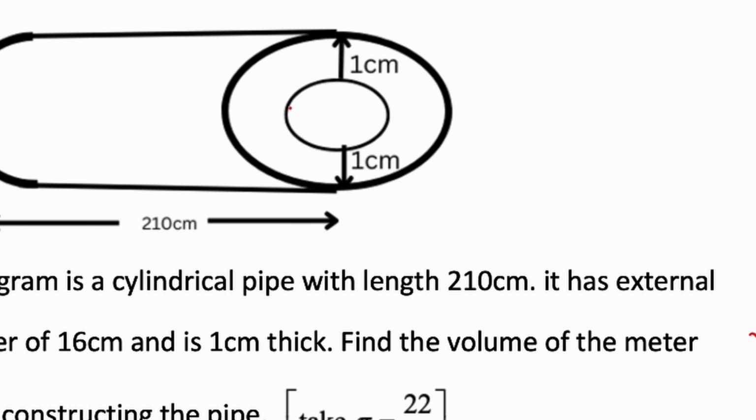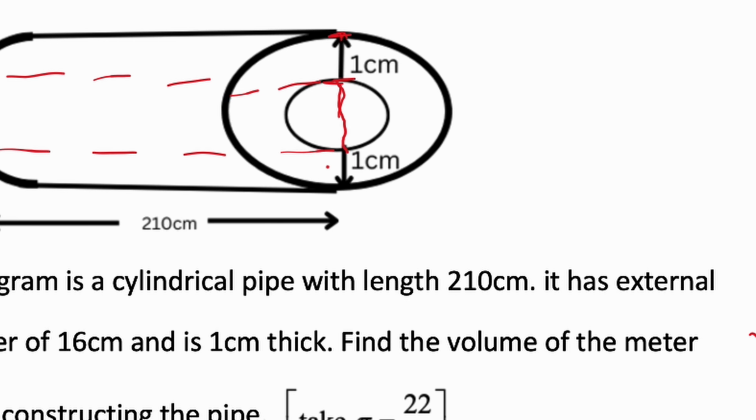So this is the hollow space and this is the diameter of the hollow space. From here to here is 16, and from here to here is 1, from here to here is 1.